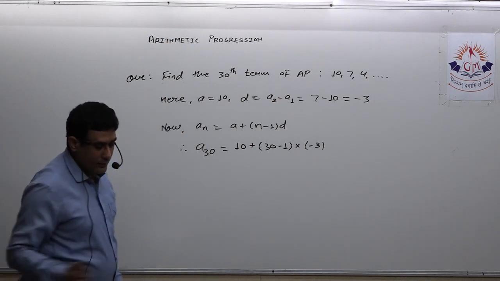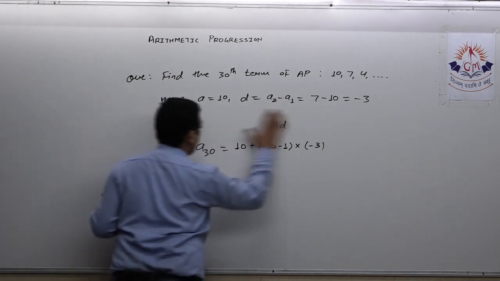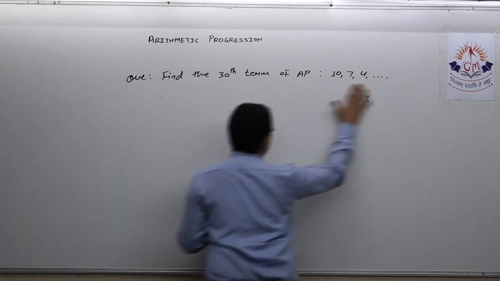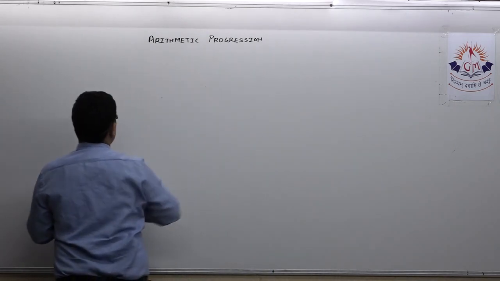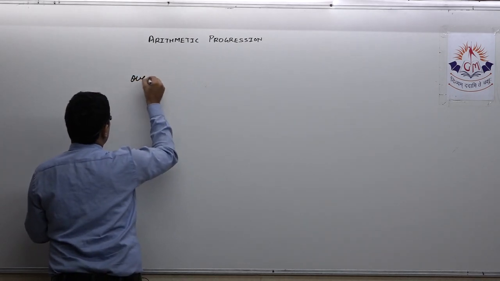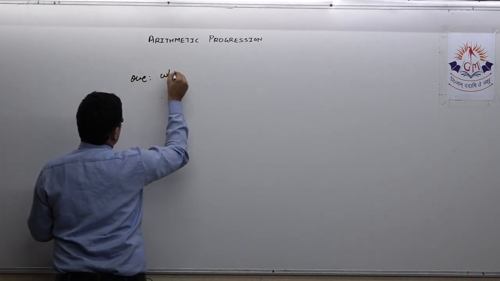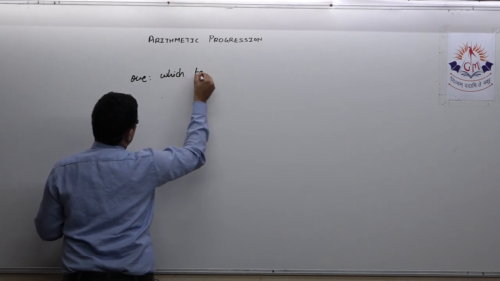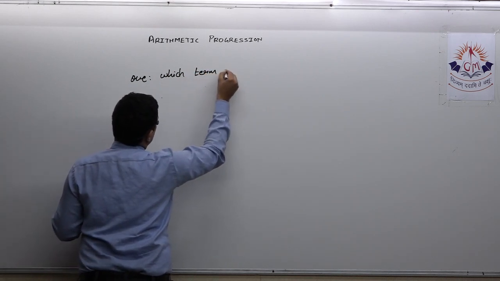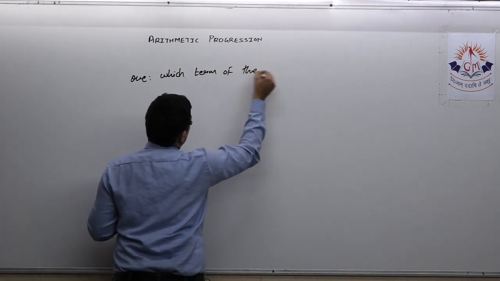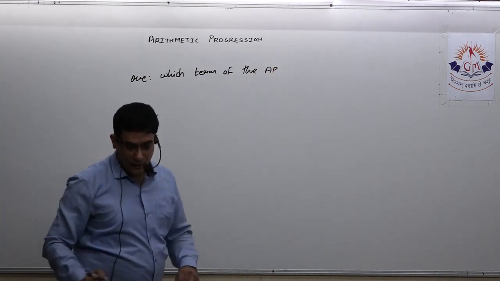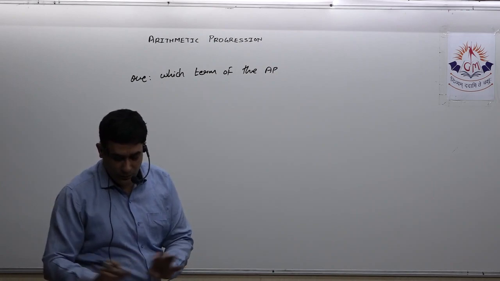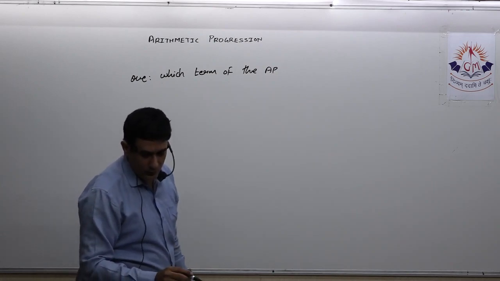Now the next question is: which term of the AP has the value 78? Here the AP is given and they are asking which term of the AP has that particular value.